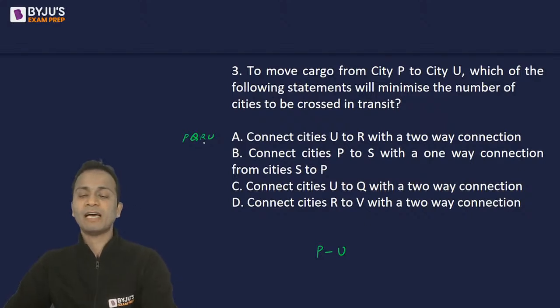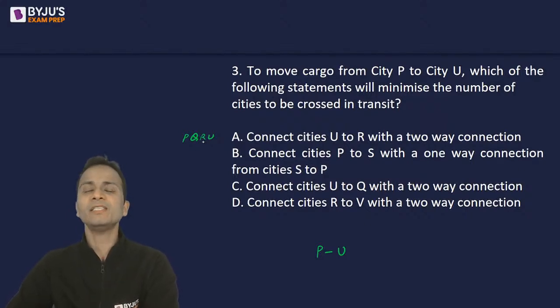Earlier we were traveling across 4 intermediate cities. Now I have traveled across 2 intermediate cities only and we have reached U.